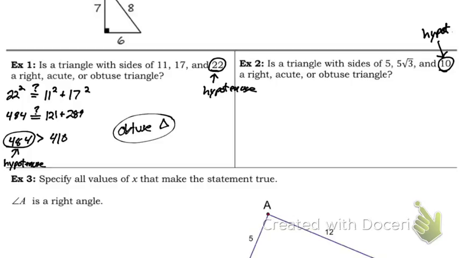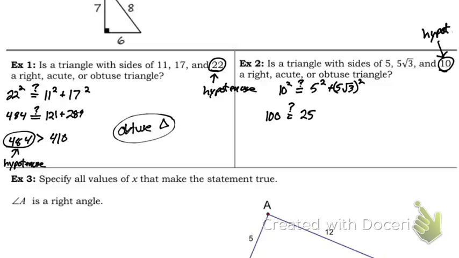All right, so that is my hypotenuse. So we're going to say, well, maybe 10 squared equals 5 squared plus 5 square root of 3 squared. Well, that's going to be 100 on the left-hand side. Still not sure if it's equal to, greater than, or less than, so I'll put a question mark.